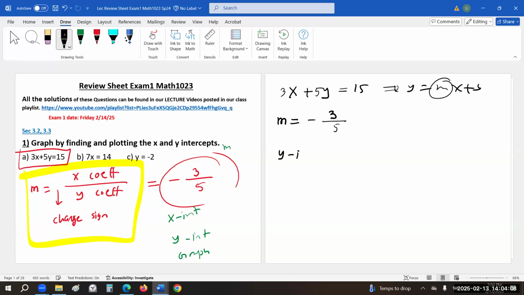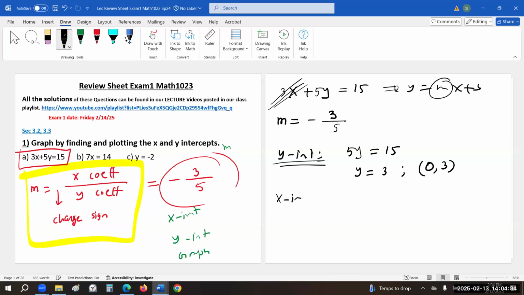Then for the y-intercept, we said x is 0, right? If x is 0, this whole term vanishes. We have 5y equals 15, so y equals 3. As a point, (0, 3). It's y, my bad.